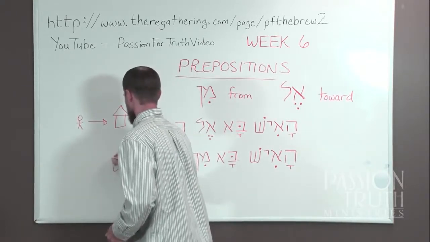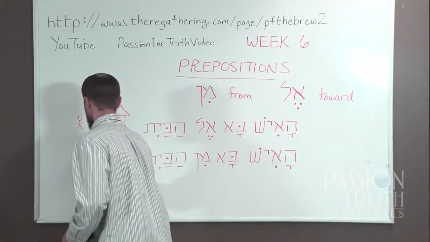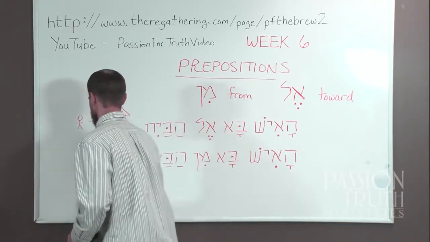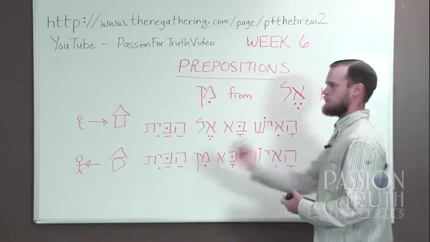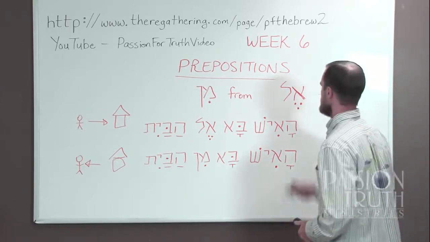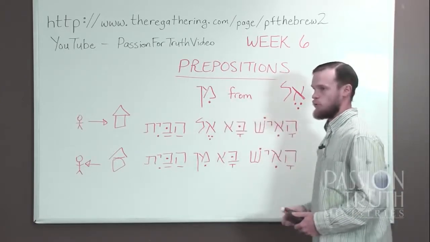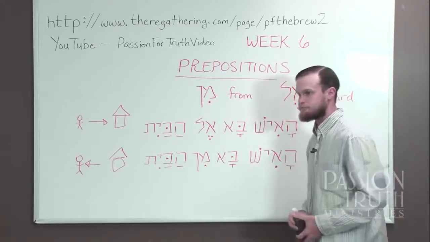So here's our poorly constructed house, and the man walking in the opposite direction. All right, so pretty straightforward. Toward, from, above, beneath. Okay? So el and min, toward and from, al and tachat, above and below.